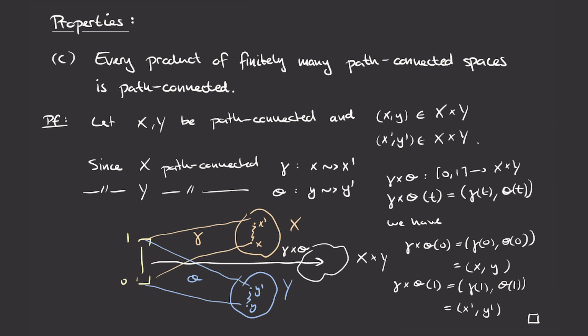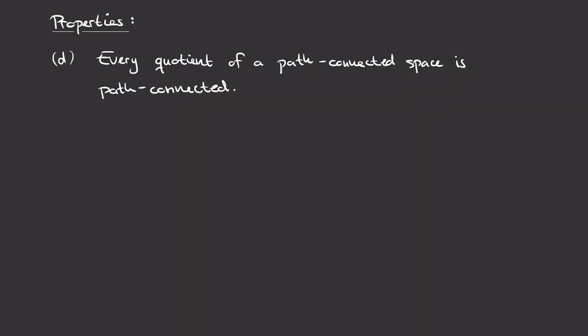So here again, you see that working with path connectedness is much easier than working with connectedness, essentially because we're dealing just with continuous functions, and we have all of these tools for working with continuous functions, such as these universal properties for product spaces. Okay, and now the final property is also something we saw for connectedness, namely that every quotient of a path-connected space is also path-connected.